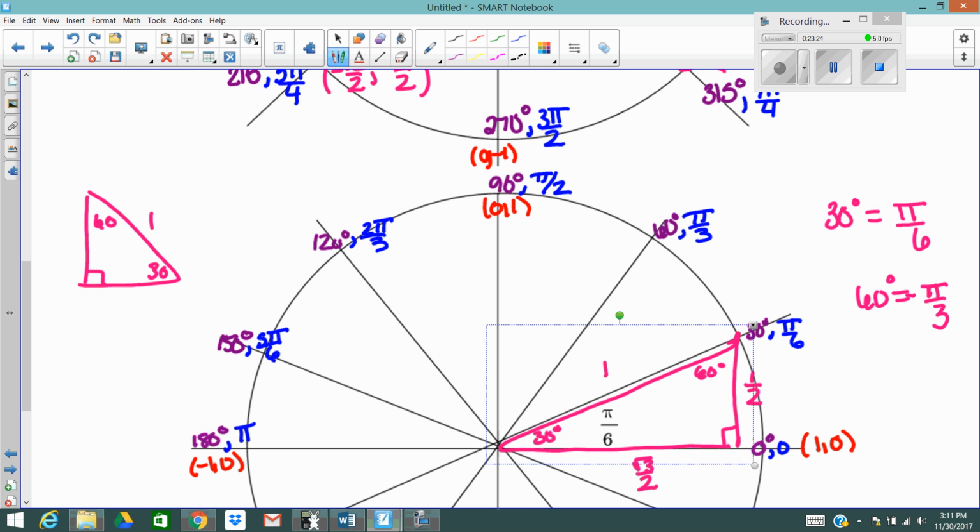So my coordinate of that point, x is cosine, so square root of 3 over 2 over 1, and y is sine, so 1/2 over 1, but that's still just 1/2. So there's my coordinate.